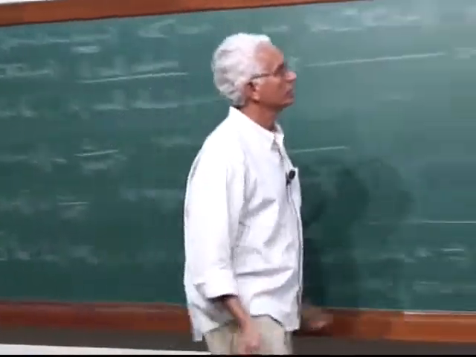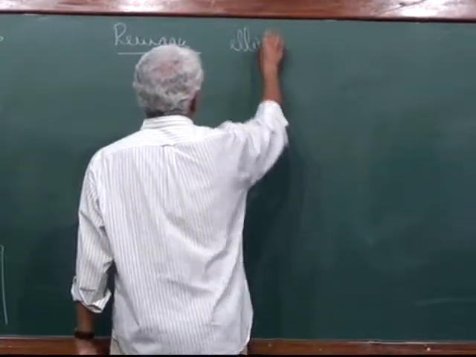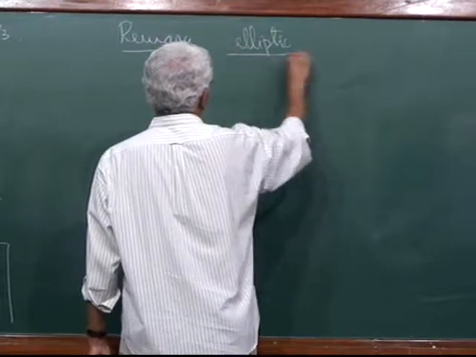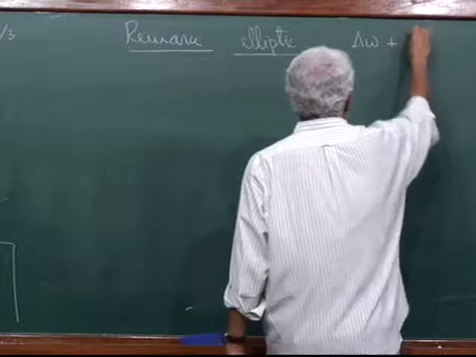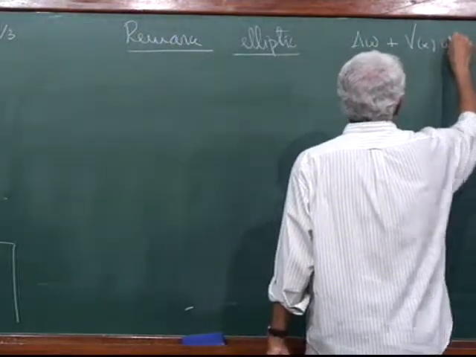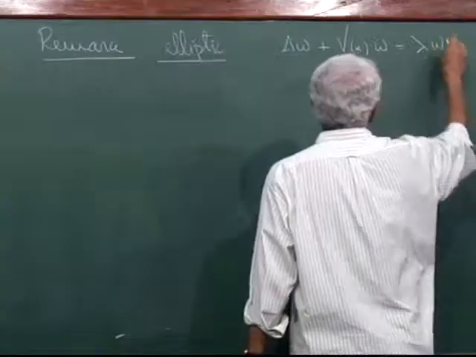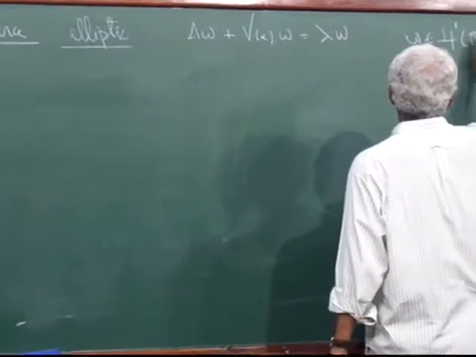Okay. Now, suppose that you have this elliptic problem: Laplacian of W plus some potential that depends only on x, W equal to lambda W. W is an H1 function in Rn.